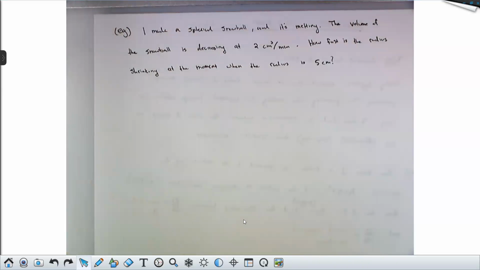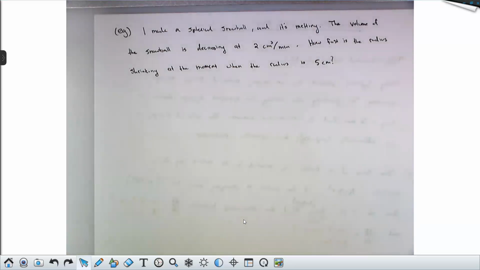All right, so I've got my snowball sitting in like a colander. I'm measuring how much water is falling off of it every minute. And then I want to look at the specific moment in time when my snowball has a radius of 5 centimeters, big snowball. I want to know at that moment, how fast is the radius shrinking? And the place we begin is exactly what Yiping said.